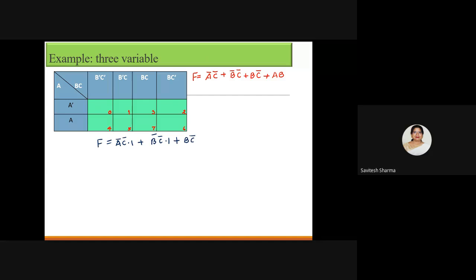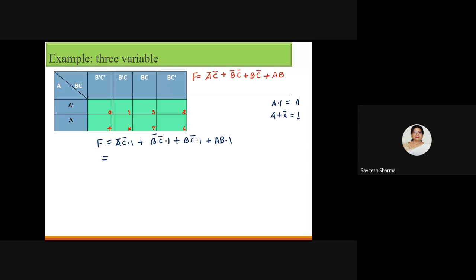I am using the Boolean theorem that if your variable is ANDed with 1, it gives you the same variable, so no change in the expression. In the next step I will use the theorem that if any variable and its complement are ORed, it gives you 1.